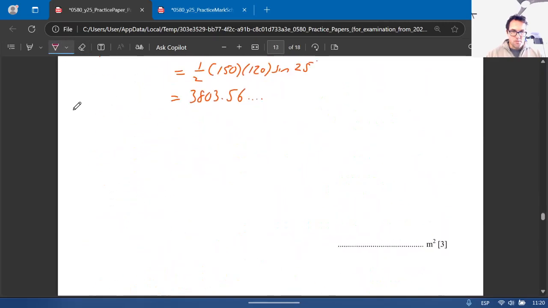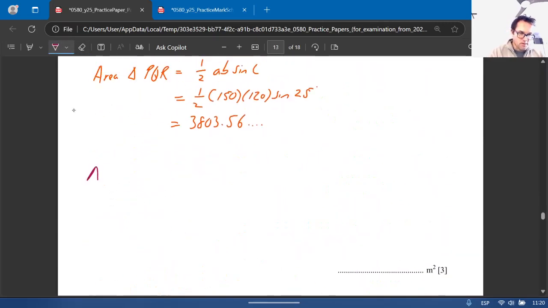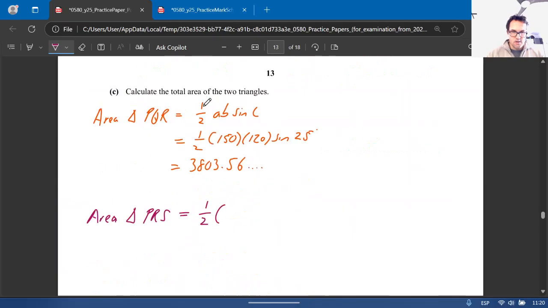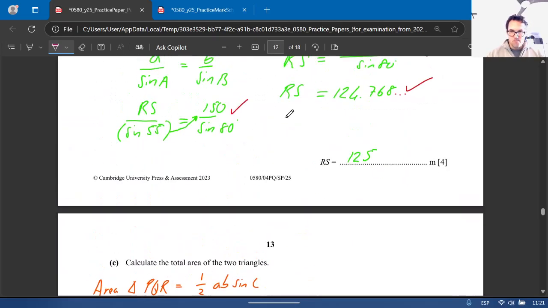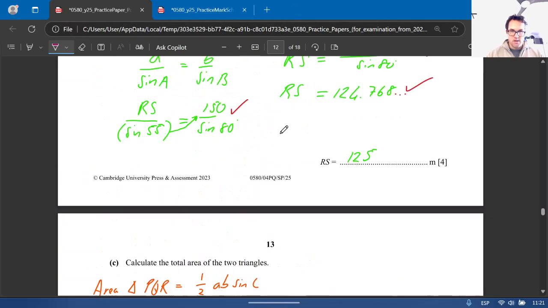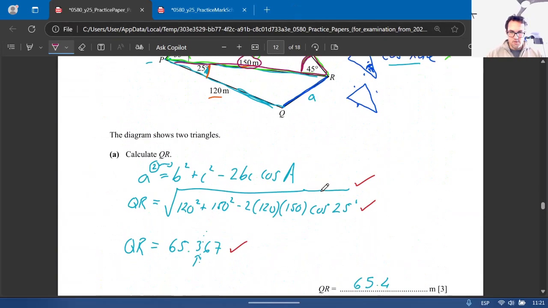For triangle PRS, we have half times 150 times 124.768 times sin of the angle, which was of course 45.